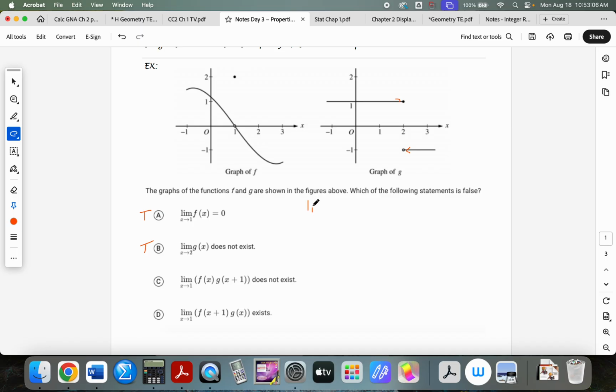So if I do the limit as x approaches 1 from the left of f of x times g of x plus 1, as x approaches 1 from the left, f of x approaches 0.